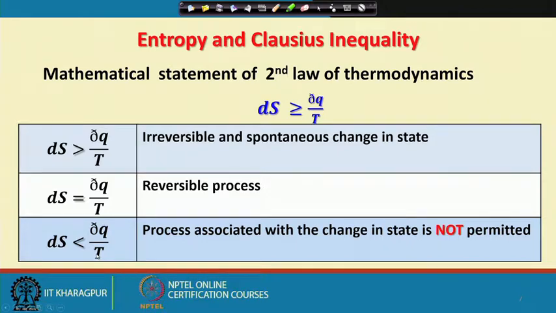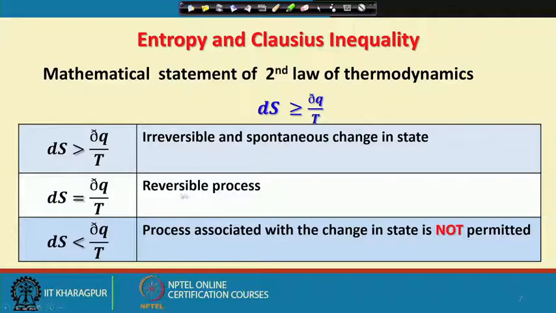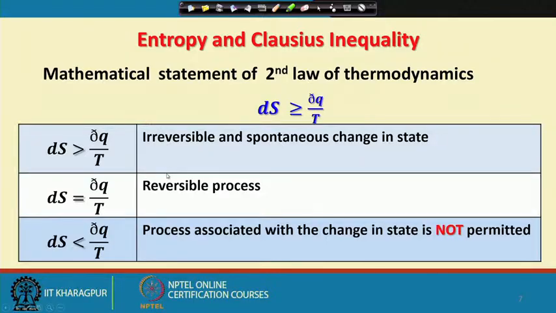So, what happens? A system, when it starts from an equilibrium state, changes its entropy dS, and it will go in the direction where dS increases till it reaches the equality that dS is equal to dq by T.